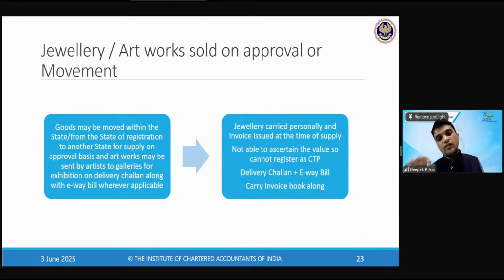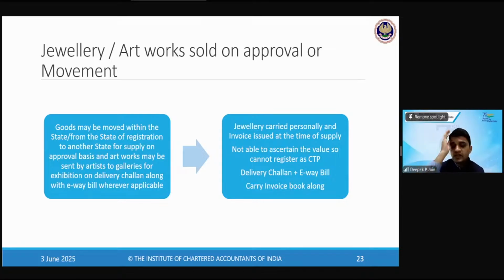Subsequent to the delivery challan, an invoice has to be issued. Yes. If the movement of goods is happening, say for a job worker, you will give a delivery challan, and he will send it back. So an invoice will not be raised. The job worker will raise the invoice only for his job working charges. But if you're doing a branch transfer, there you will raise a delivery challan and an invoice.